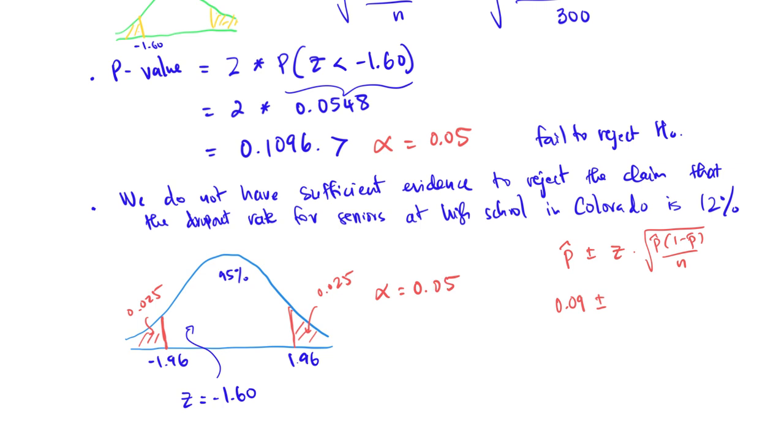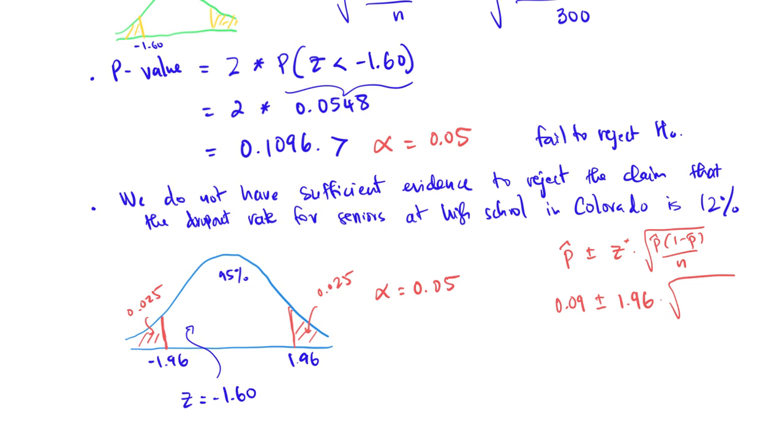The two areas on the left and the right total 0.05, and so we need to construct a 95% confidence interval. With the 95% confidence interval, the critical value is 1.96, or approximately 2.